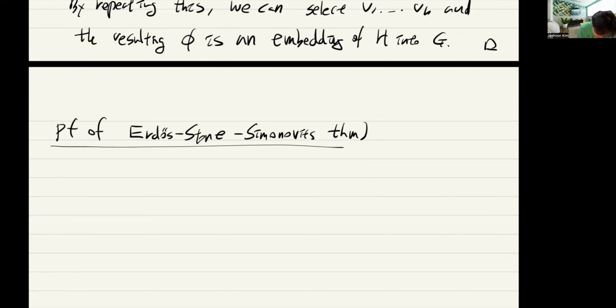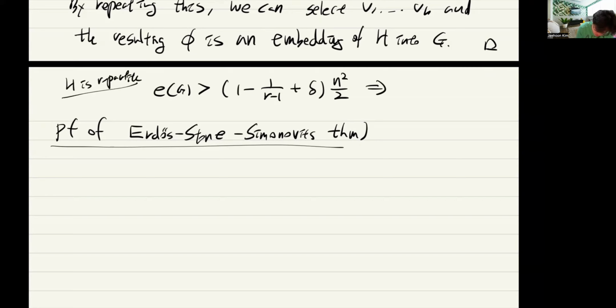The statement is that if the number of edges is bigger than (1 - 1/(r-1) + delta) n squared over 2, and H is r-partite, then H is in G. N is large, and epsilon is a positive number.